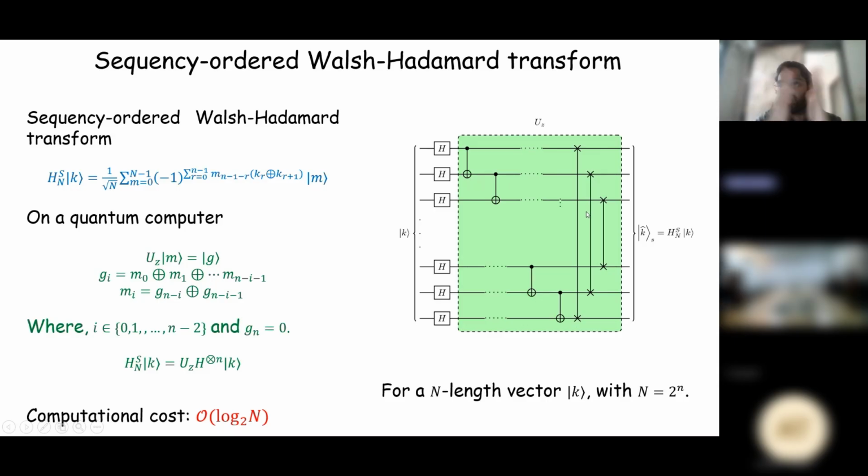So we can perform all the swap gates in parallel, but C0 gates have to be performed one by one, and so the major cost of this algorithm comes from the C0 gates. If I have an n qubit vector, I will have n C0 gates, or, being more precise, n minus 1 C0 gates, but you can always say it's order n C0 gates, where n is the number of qubits.